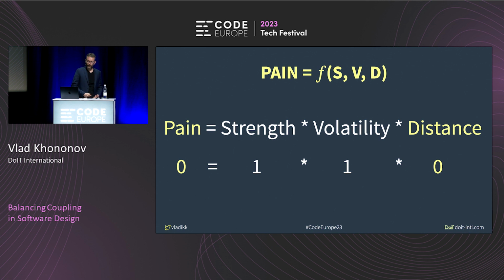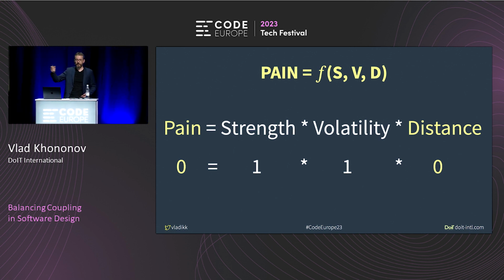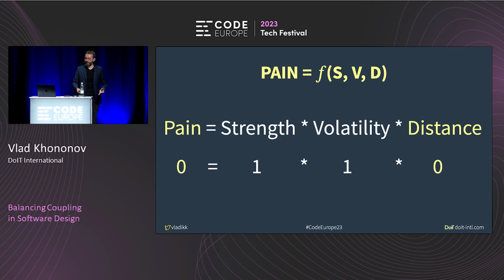On the other hand, if strength is high, meaning that a lot of knowledge is shared between two components, and there is no way for you to reduce it to minimum, and that happens. If you have two modules implementing the same business functionality, no matter how many hoops or jumps through the air you're going to do, you will still have functional coupling.